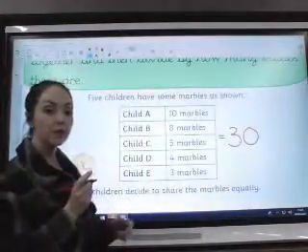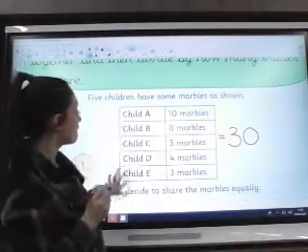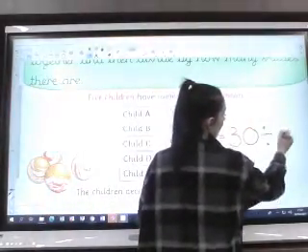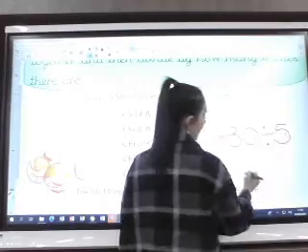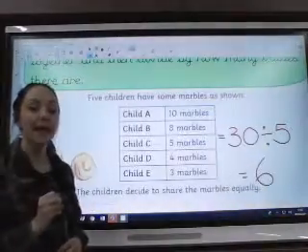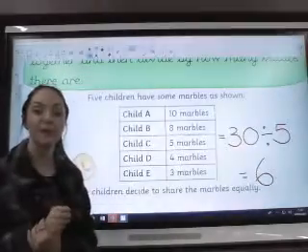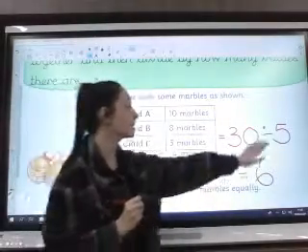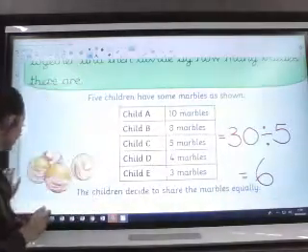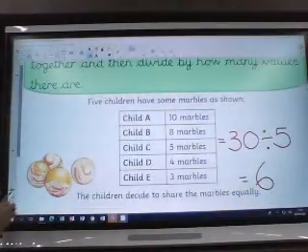And then we need to do 30 divided by 5, because there's 5 children, isn't there? So 30 divided by 5 equals 6. So the mean for this information would be 6, because 6 times 5 is 30. So that's how to calculate the mean.